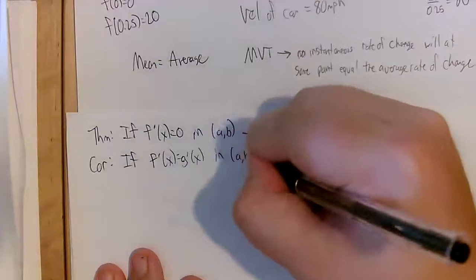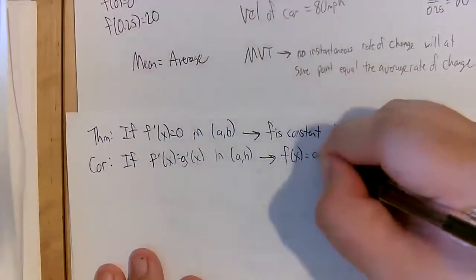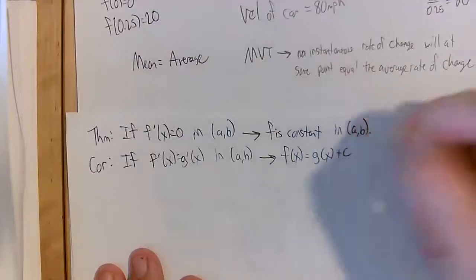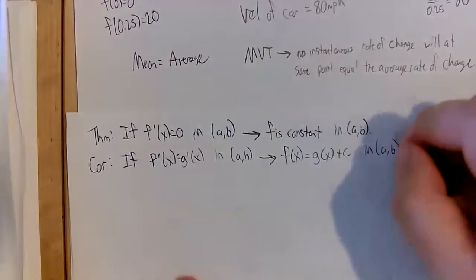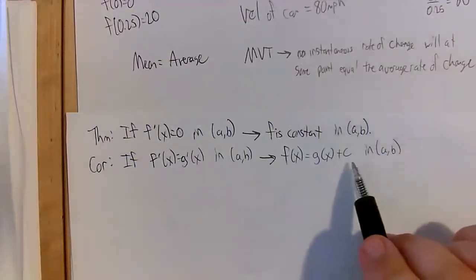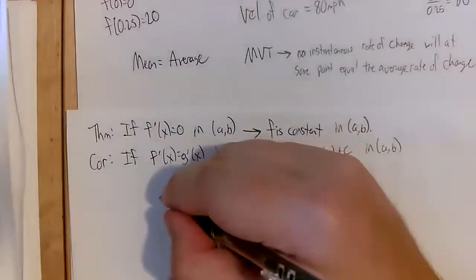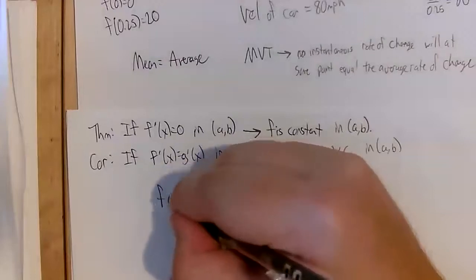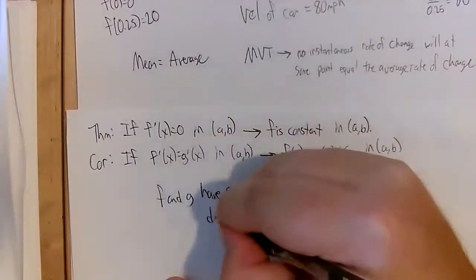in some interval, then f of x is g of x, but maybe off by some constant in that same interval. So if two functions have the same derivative, they can at most differ by a constant. So here's a picture showing this. Let's say that f and g have the same derivative.